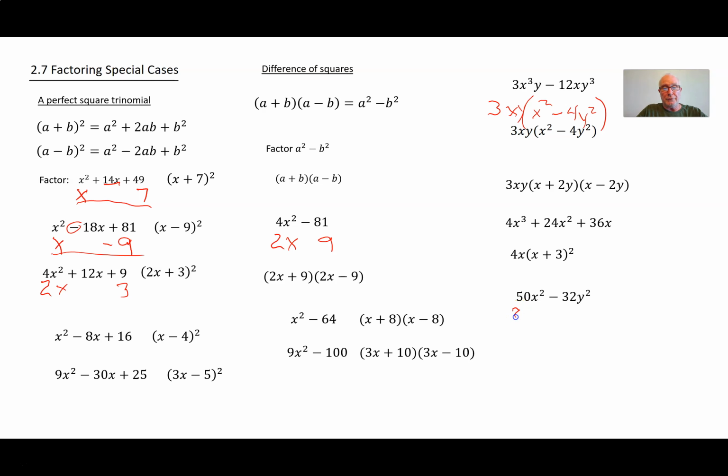So if we pull out the 2, then we're left with 25x squared minus 16y squared, and now we have the difference of squares, and so we can factor that. So that factors to 2 times (5x + 4) times (5x - 4).